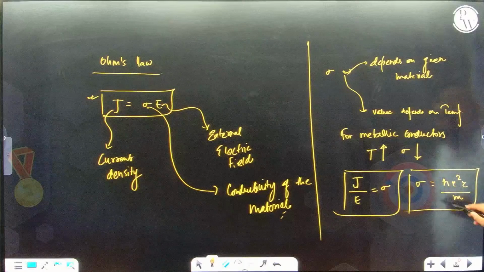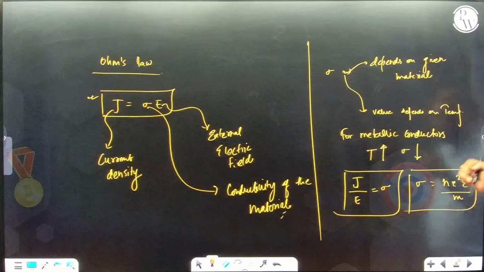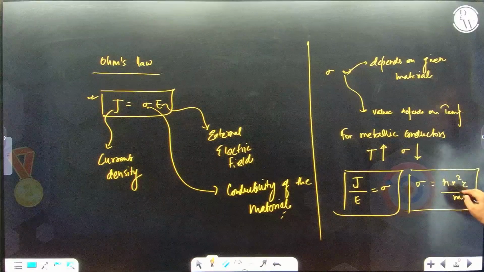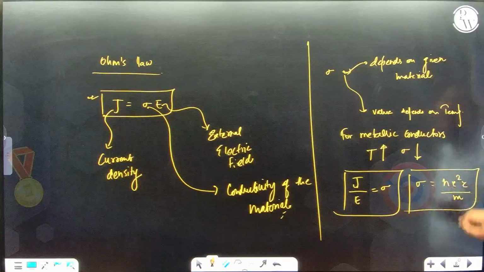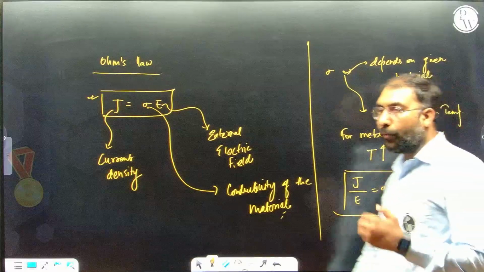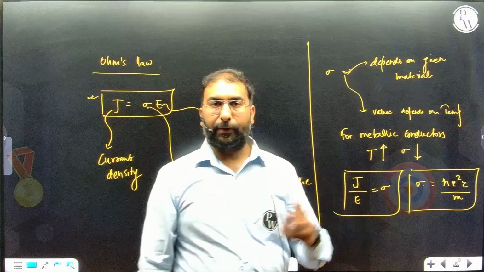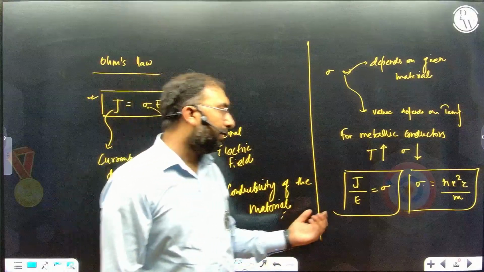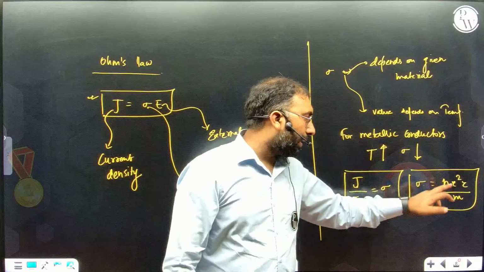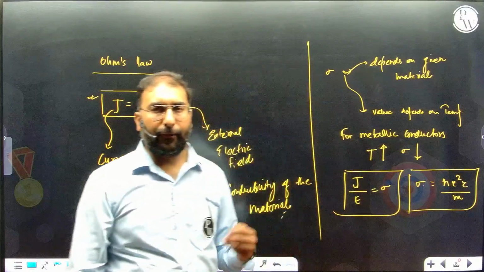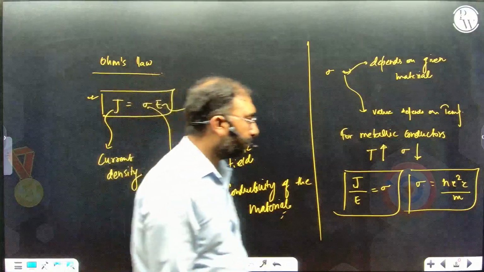So you can see here, this sigma depends only on the material of the conductor and temperature. So sigma depends on N, number of electrons per unit volume. So for copper, the number of free electrons per unit volume will be different. For iron it will be different. For silver, for gold it will be different. So sigma depends on N, and all other parameters e, tau and m are same for all the different conductors.